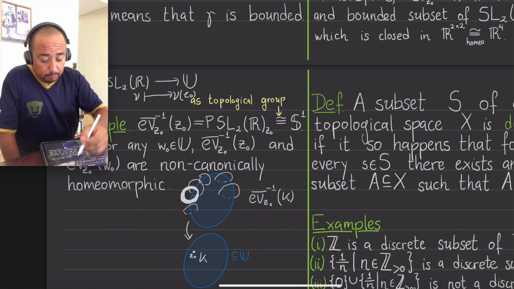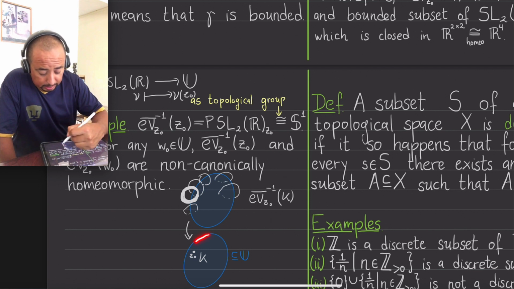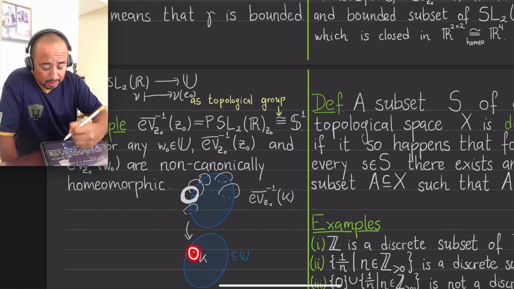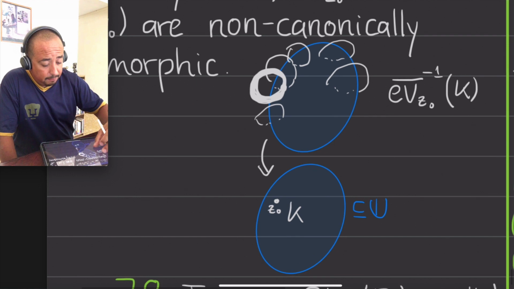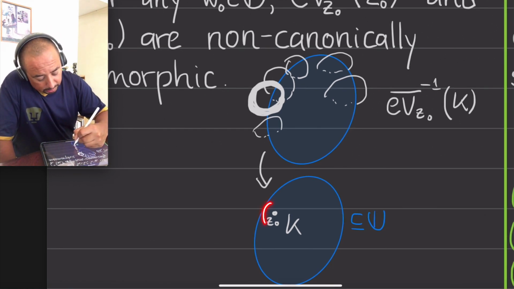Of course, there's a question, and maybe here I forget a little bit about K, and I rather think of this as an open set, or some set having Z naught in its interior. Something that maybe happens, maybe not. That maybe there's some neighborhood here.